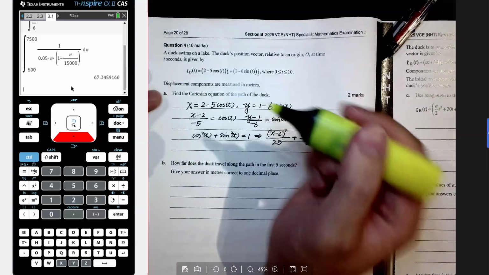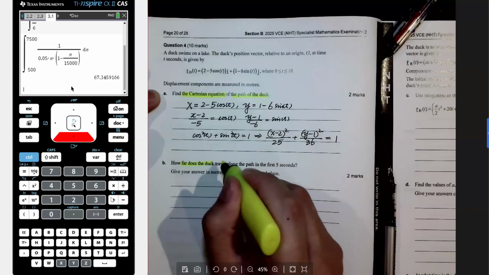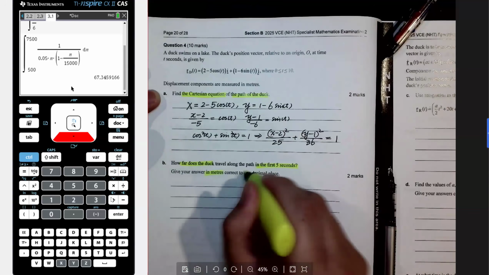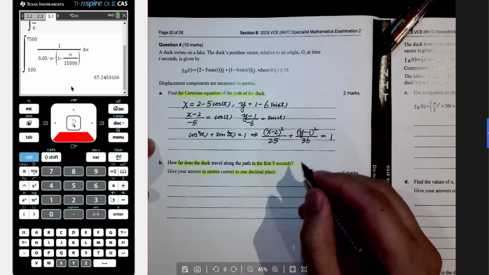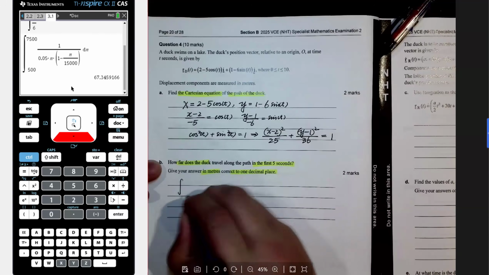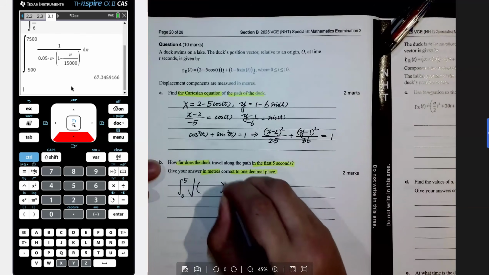And the next part wants you to find how far the dog travels along the path in the first 5 seconds. Give your answer in meters, correct to 1 decimal place. 5 seconds is from t equals 0 to t equals 5. So you might want to use the arc length formula from 0 to 5. Square root of something squared.